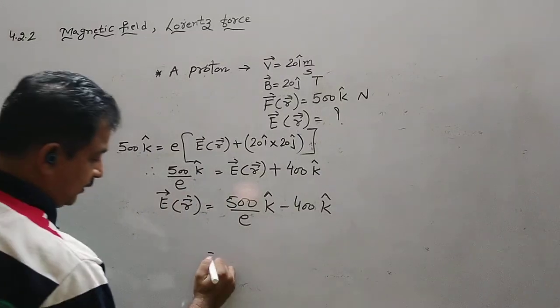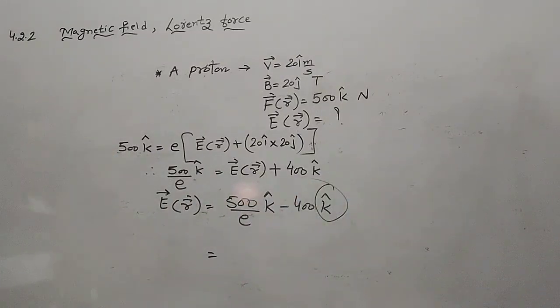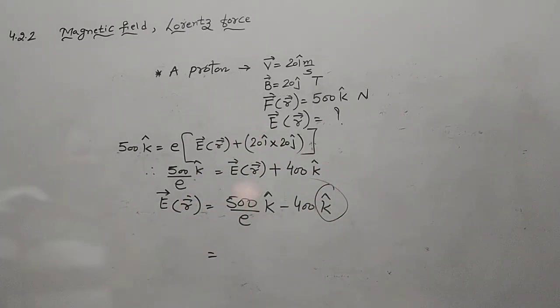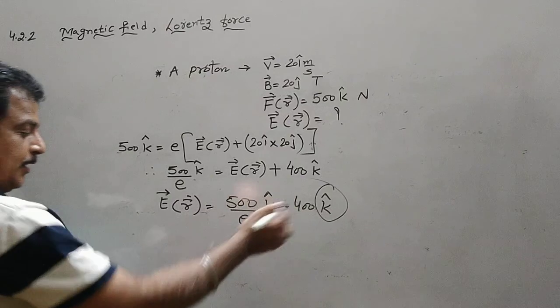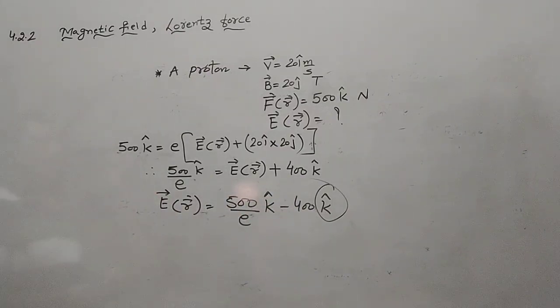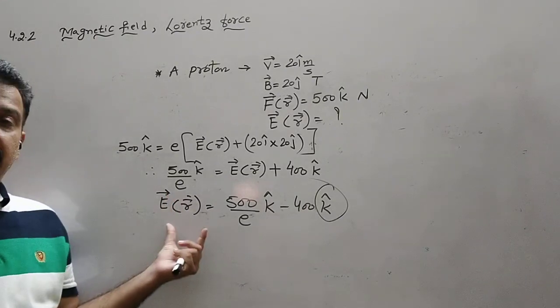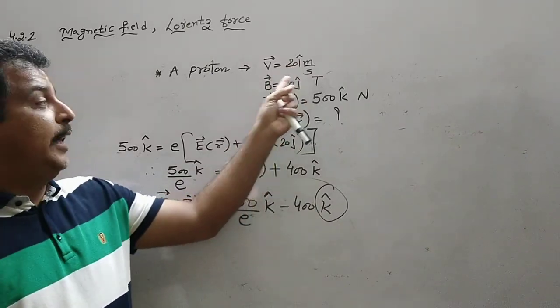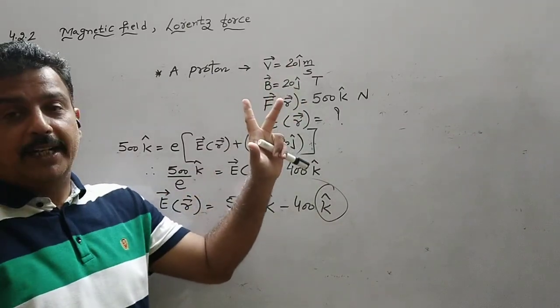So whatever the answer is, the direction of the electric field should be along the z axis, that is k cap. So this is how you find the electric field intensity at any instant when a charged particle moving along the x-axis enters perpendicular to the magnetic field.